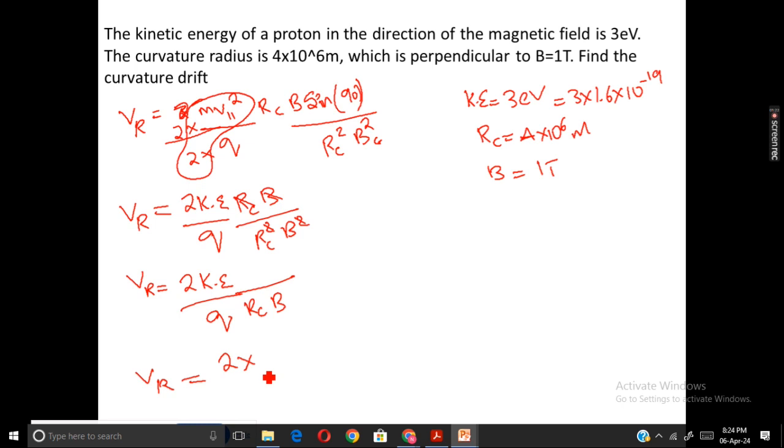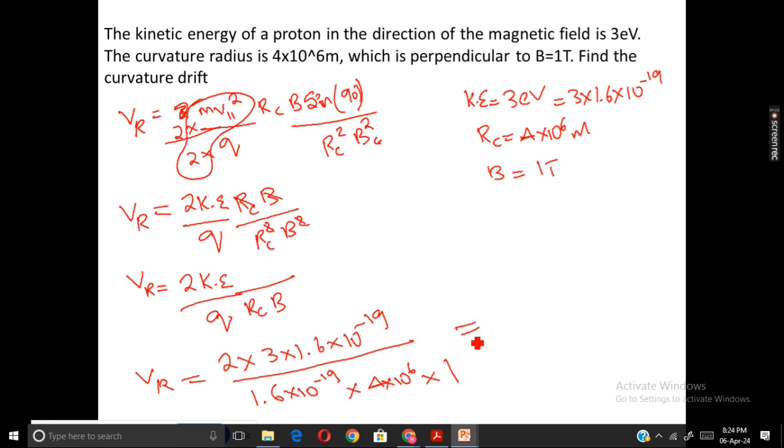This will become 2 into kinetic energy, 3 electron volt, 2 into 3 into 1.6 into 10 raised to minus 19, by q, which is 1.6 into 10 raised to minus 19 since it's a proton, into R_c, the radius of curvature, given as 4 into 10 raised to 6, into magnetic field, given as 1 Tesla.